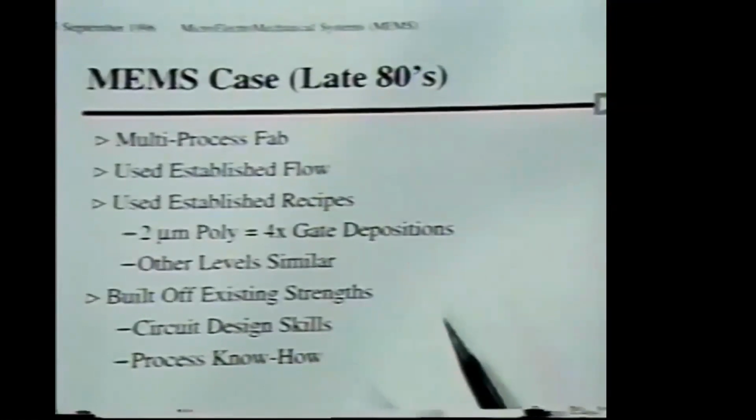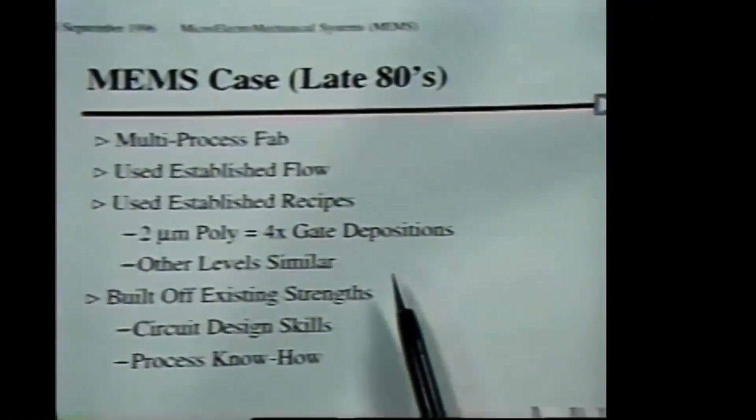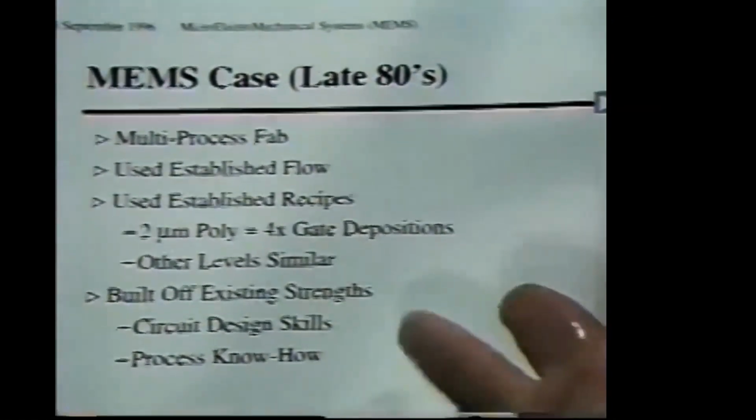The development was done in a line without making any changes. Similarly, this MEMS development was done in an IC line without any changes and without any new equipment. If you want to do something innovative, but you actually want to get something done, it's good to live within the limitations and not try to go too far until you've actually proven the point.